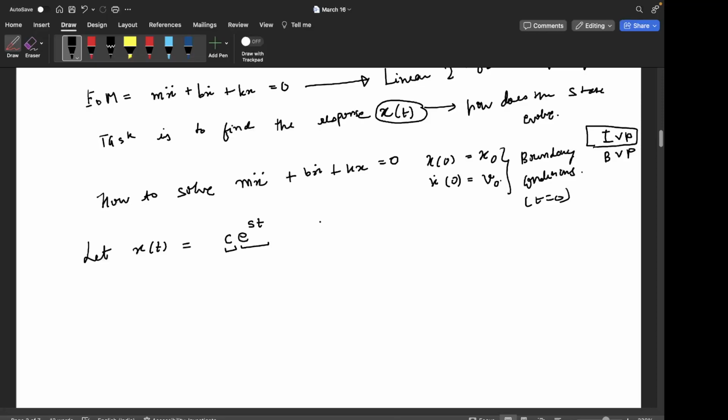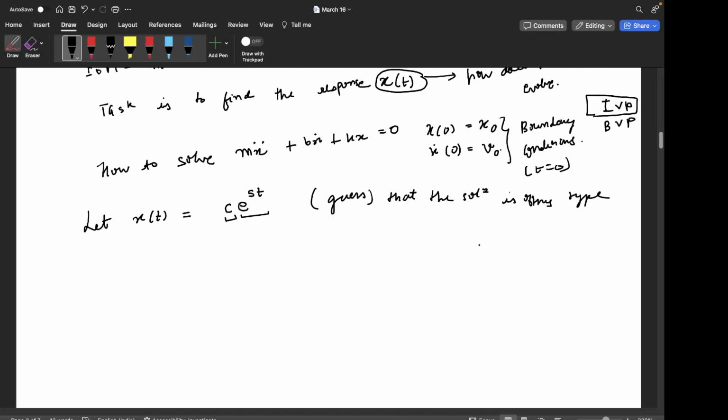So this is our guess that the solution is of this type.